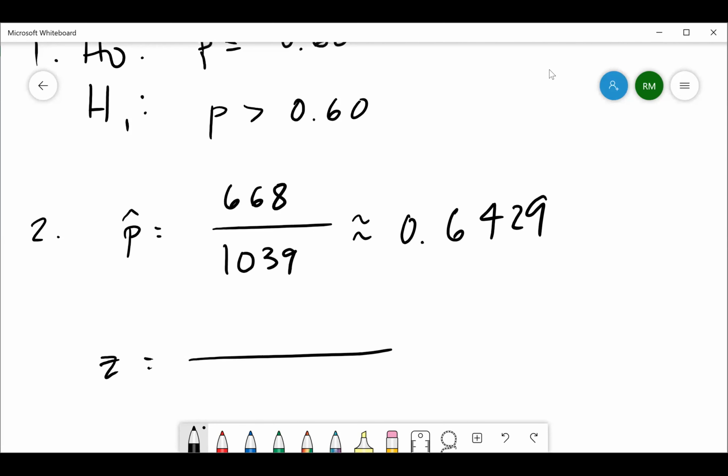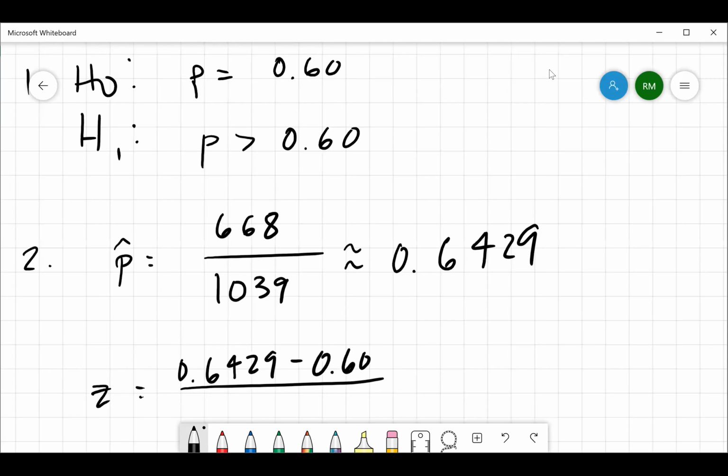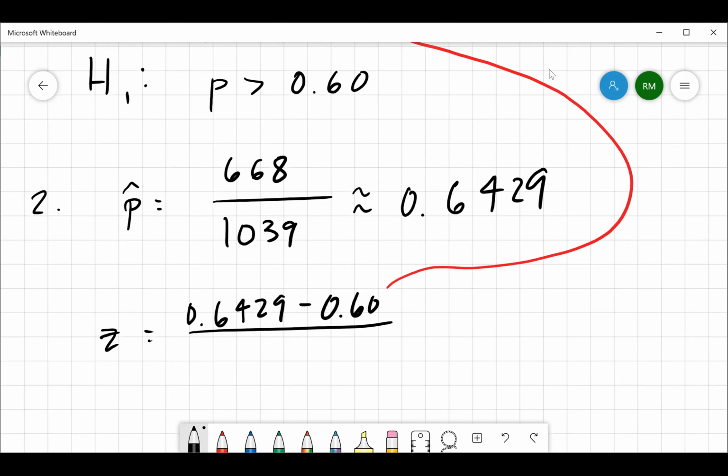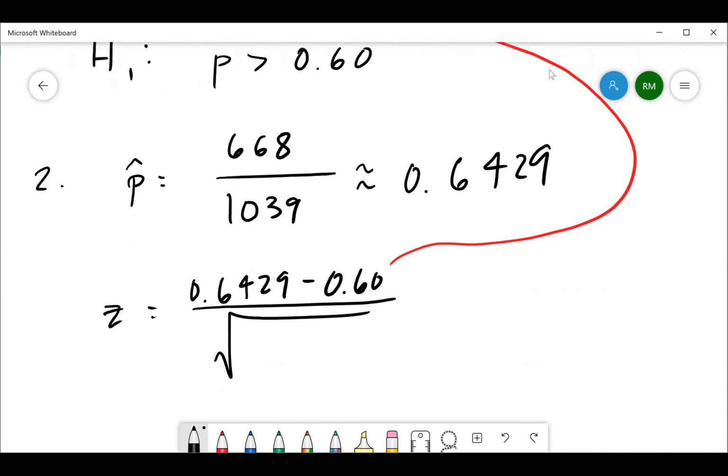We take our sample proportion, 0.6429, subtract off the p coming from the null hypothesis, and divide that by the square root of p times 1 minus p over the sample size, which was 1,039. And when you do that, you should get that the z-value is roughly equal to 2.824.